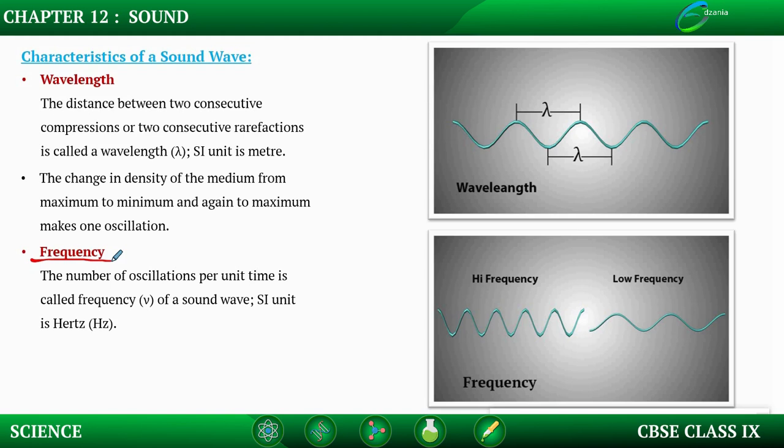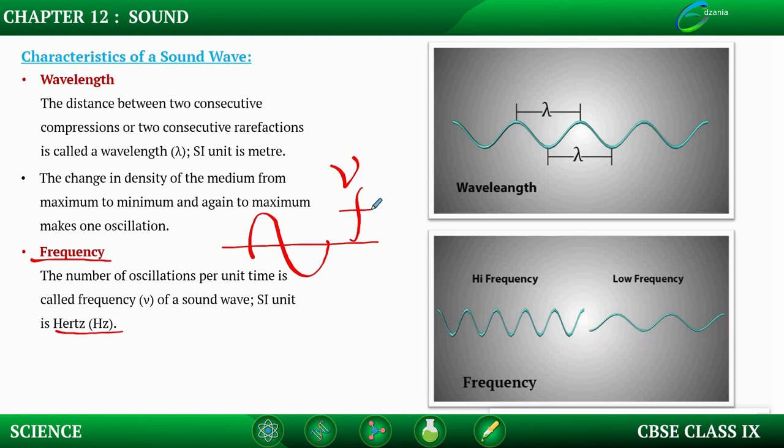Again, it's the number of oscillations, number of full cycles per unit time is called the frequency of a sound wave, and its unit is hertz, and its representation is nu or generally f. So this is about the frequency. Here you can see high frequency sound wave and low frequency sound wave.